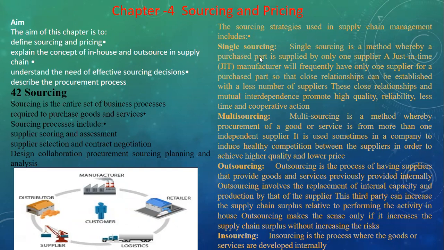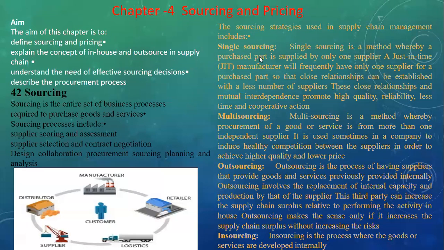So the sourcing strategies used in the supply chain include these types of sourcing. This is strategic sourcing, in which any management company has some type of sourcing. So we will understand these types of sourcing.